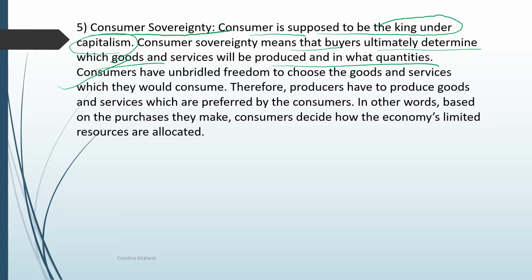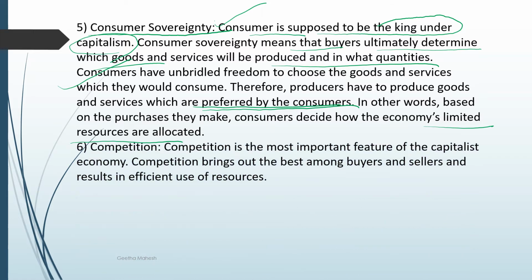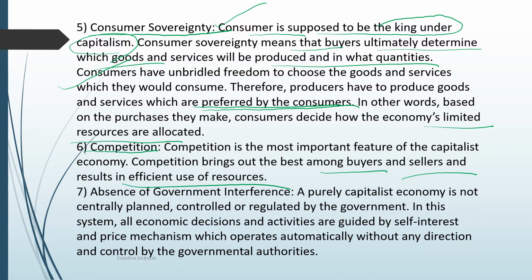Therefore, producers have to produce goods and services preferred by consumers, and according to consumer preference, the scarce or limited resources are allocated, and because of this reason it is called consumer sovereignty. Competition. Under a capitalistic economy, there will be heavy competition between the buyers and sellers, and this makes for better or efficient utilization of available resources.